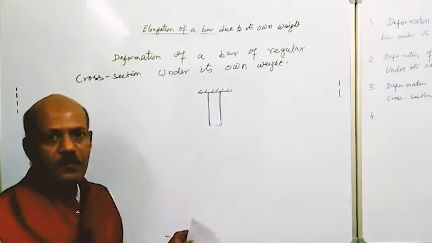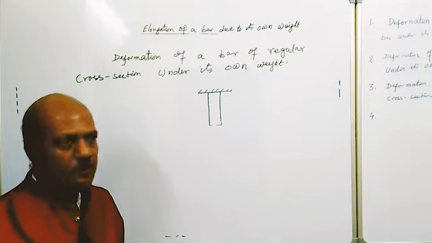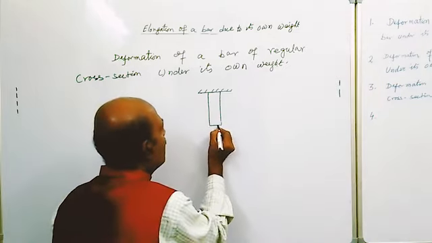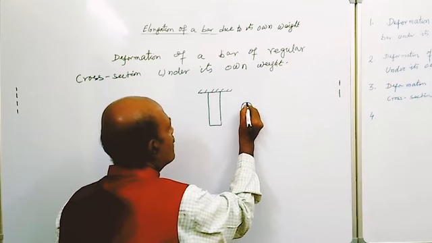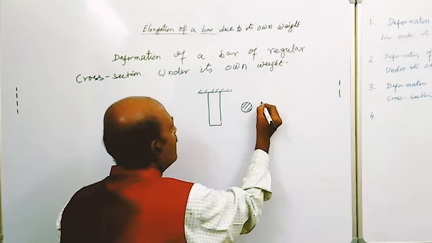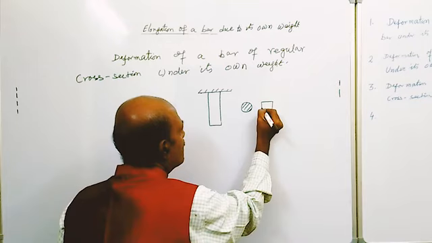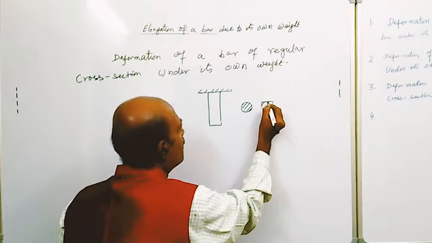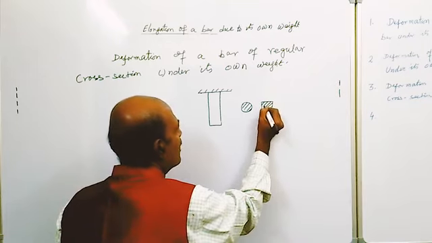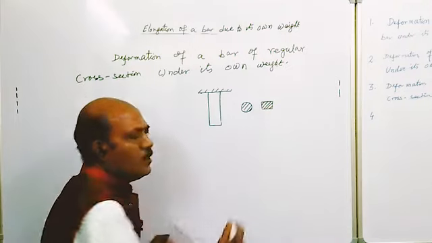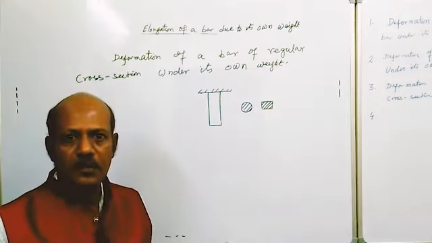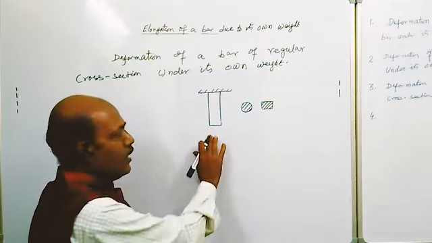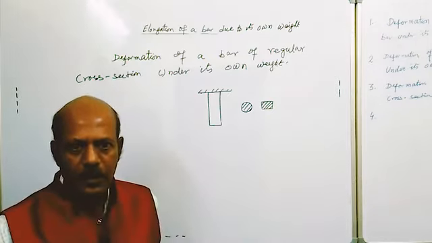The cross section of the bar is regular, means the cross section may be circular, rectangular, or square, etc. So the cross section throughout is the same, that is regular cross section. No external load is acting over the bar.